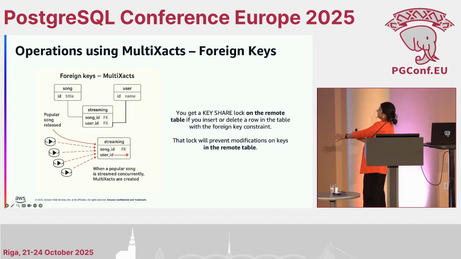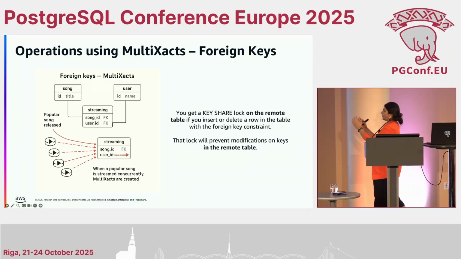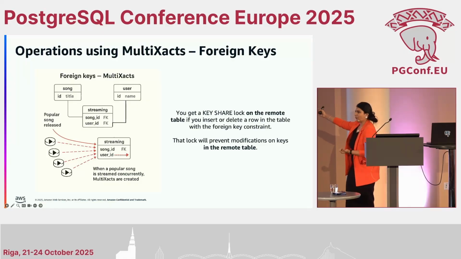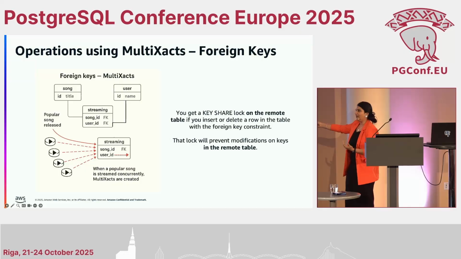So this is an example just to show that, okay, if you have a table for songs and a table for users and a streaming table, and let's say, for example, the streaming table, by the way, has two foreign keys from the song and the user table. And let's say, for example, a new song is released, right? So people will start streaming that song and will start using the streaming table.